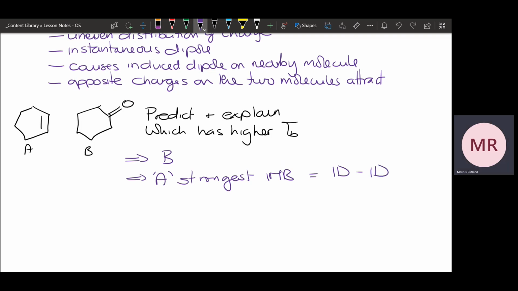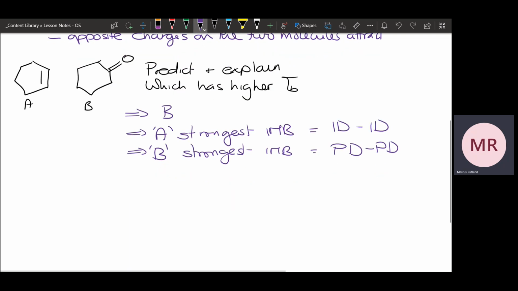That's because, being hydrocarbon, there are no partial charges on it, so it's a non-polar molecule, whereas B, the strongest intermolecular bonding is permanent dipole. Again, I'm just going to be abbreviating, but for the exams, make sure you write things out fully.